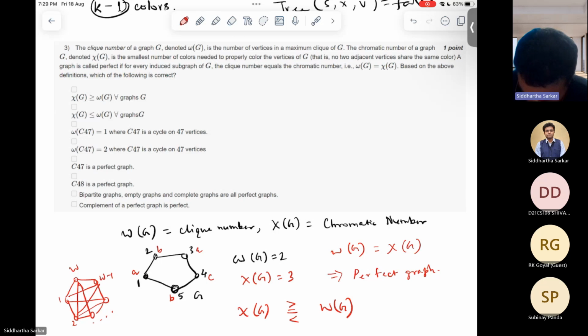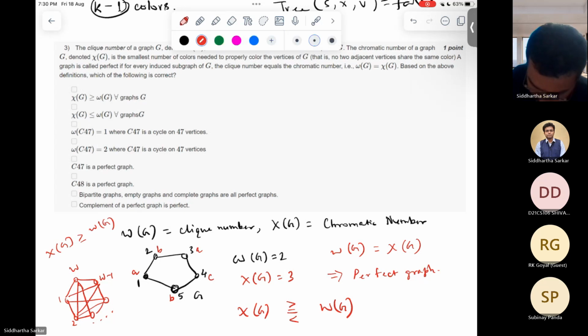Then each of the vertices has to receive a distinct color because there is an edge between every pair of vertices. So at least omega colors are definitely required. So chi G is definitely at least omega G. So this one is true.